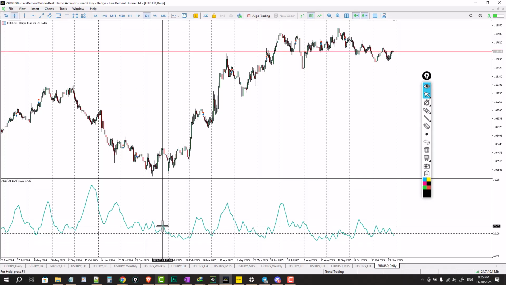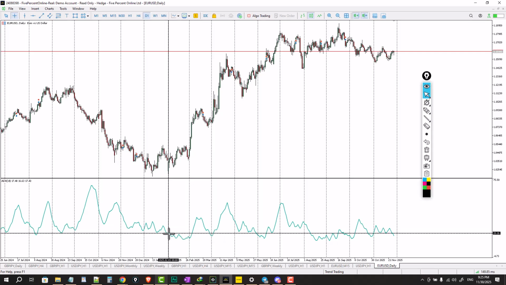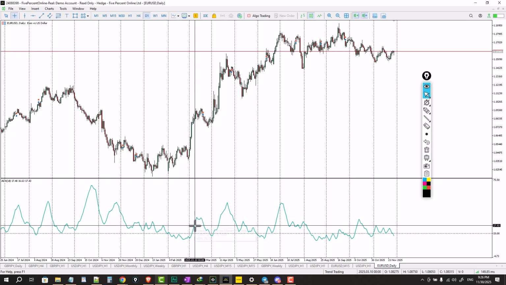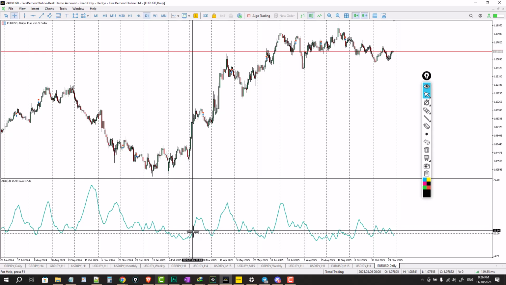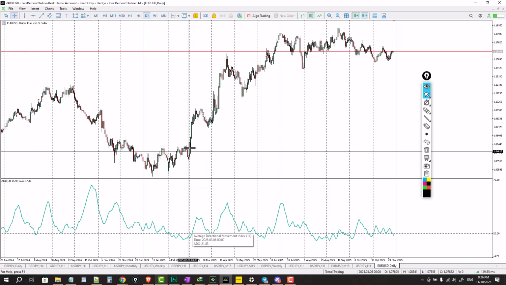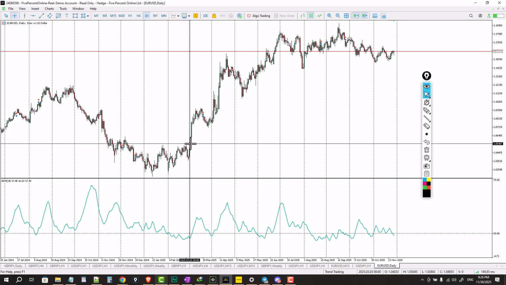So in this case, you can see that the ADX line sloped below this 20 level, this dotted line, and then when it increased above this line, which is somewhere around here, and broke above the 20 line, this was when we had this clear breakout above this resistance area on this chart.